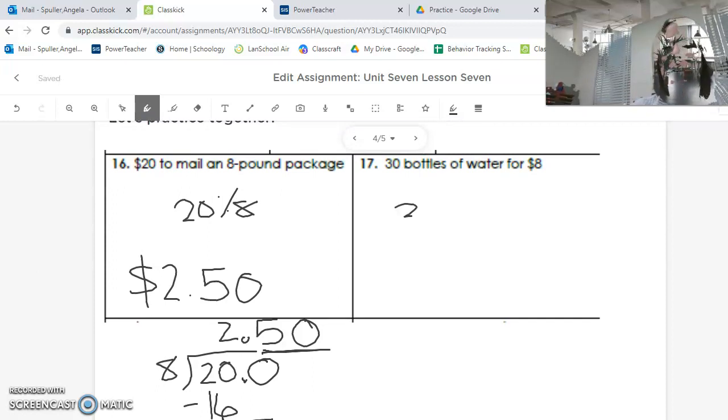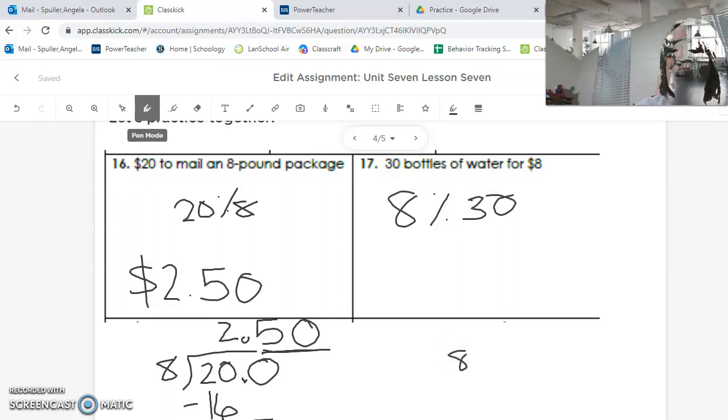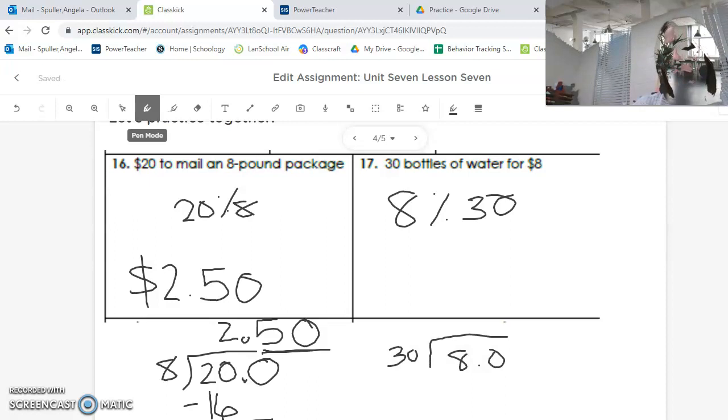Okay, so we have 30 water bottles. The cost for that is $8. So 8 divided by 30. Come down here. 30 can't go into 8, but it can go into 80 2 times. That gives me 60. That gives me 20.